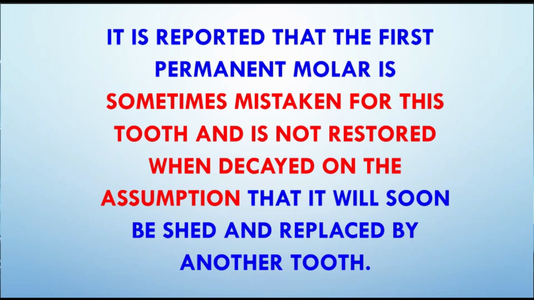Why? Because the second deciduous molar and the first permanent molar look the same, though the size is different, and in many cases the second deciduous molar is extracted early and the first permanent molar comes a little bit mesially into the place of the deciduous molar, so it misleads the dentist.